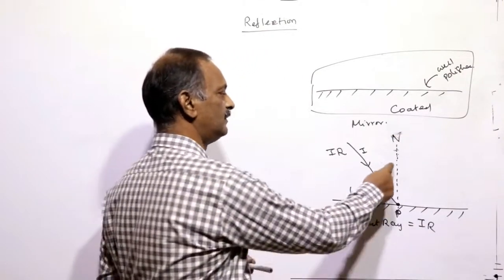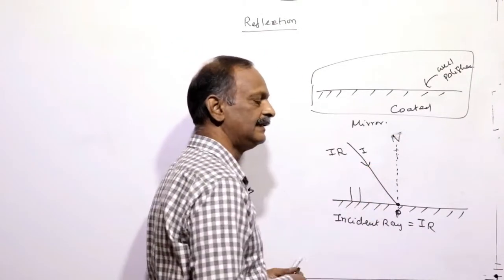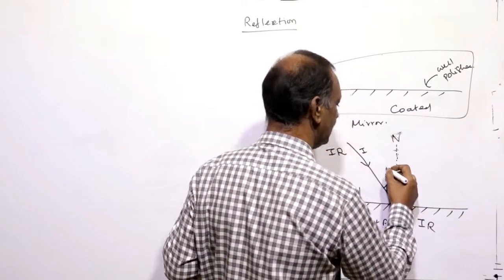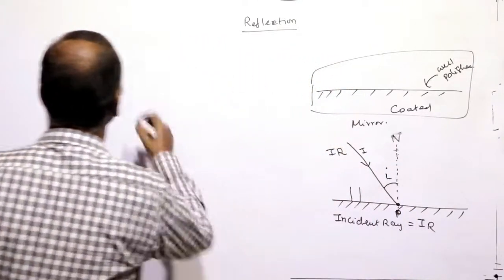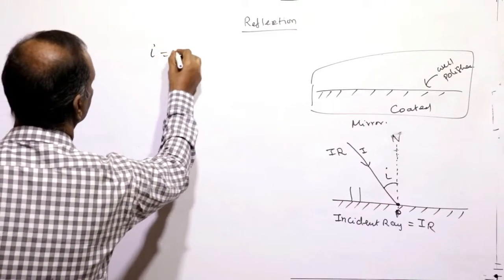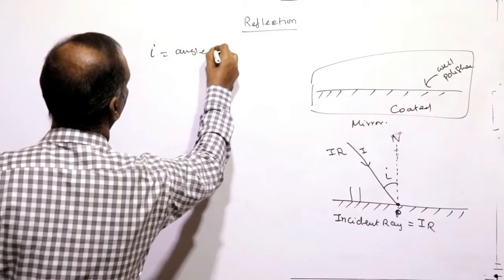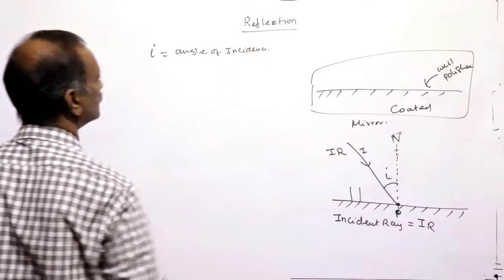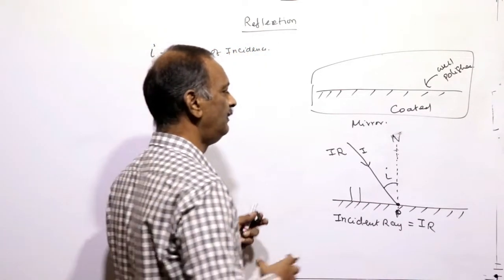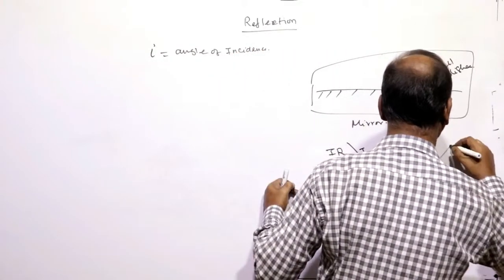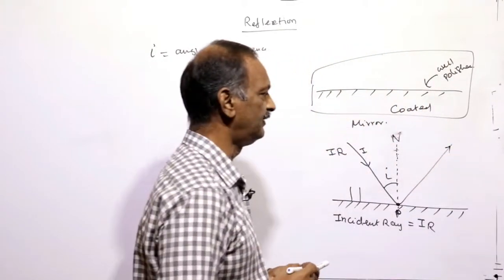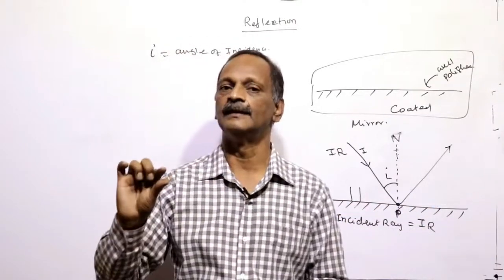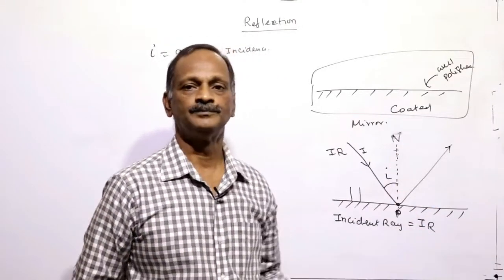So the angle between the incident ray and the normal is called the angle of incidence. So I is equal to the angle of incidence. This ray will be immediately reflected back by the same surface. The path of the rays will always be a thicker line, and the normal will be a dotted line.